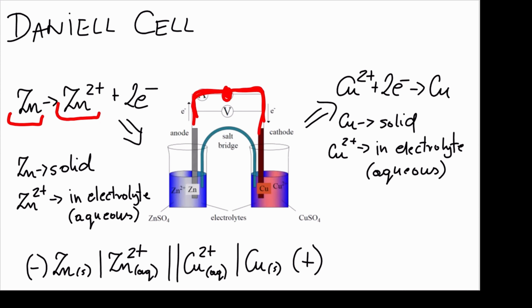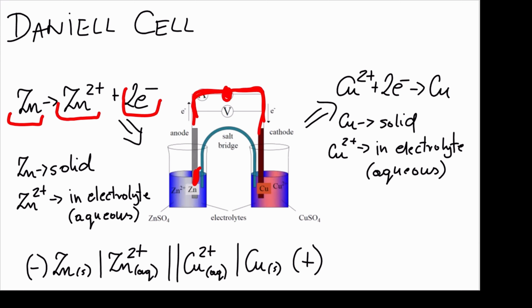A zinc atom passes through the interface between the metallic bar and the electrolyte solution, and there is a creation of the zinc cation and of course two electrons. So the zinc atom passes into the electrolyte solution in the form of a cation, and in the metallic bar we have an excess of two electrons.